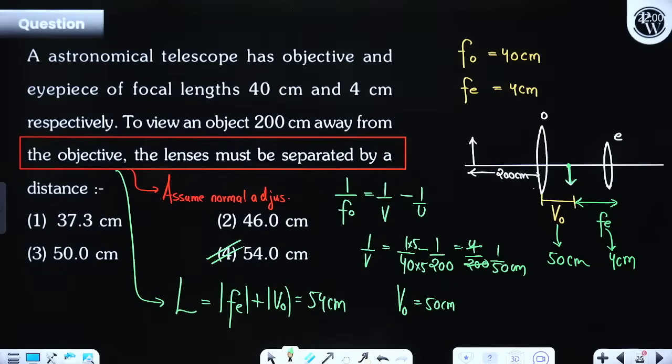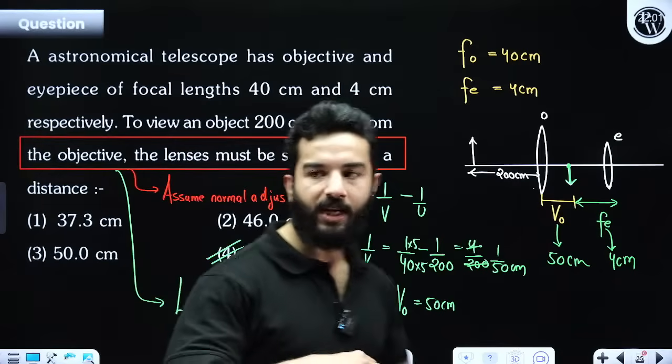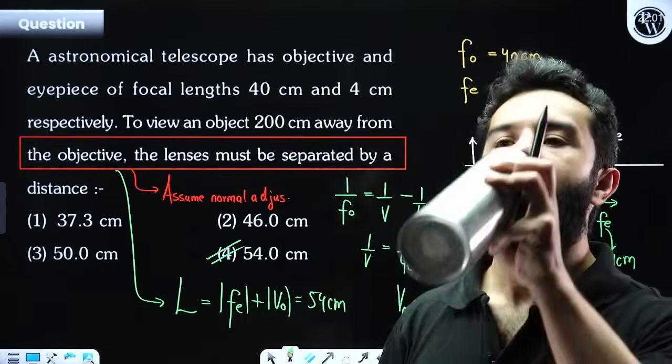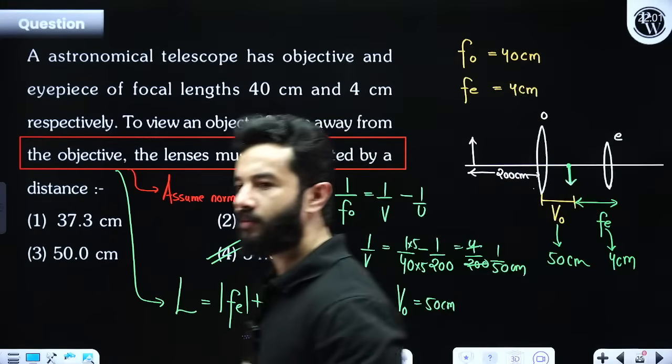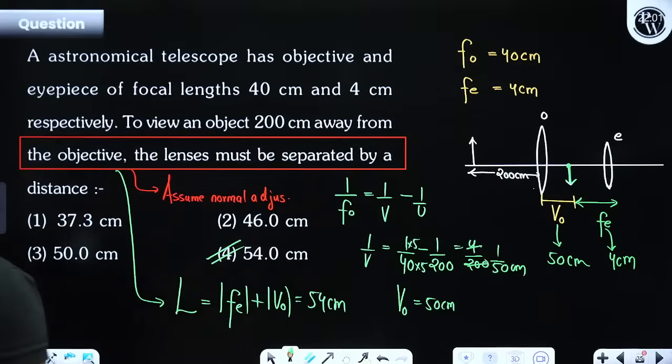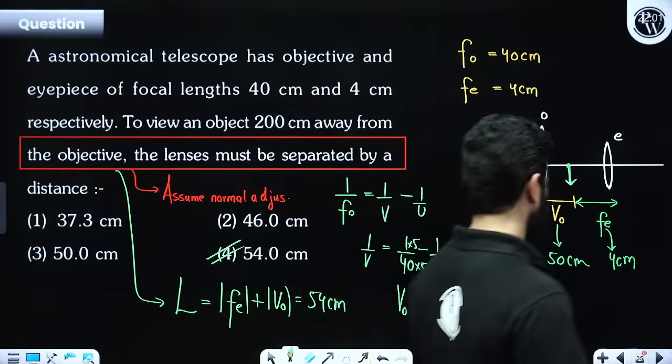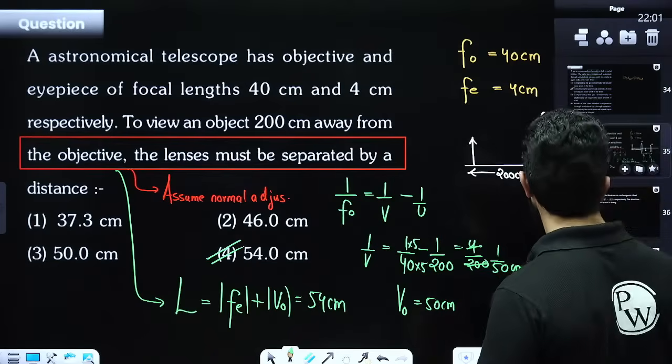If you have any doubt, do let me know, else I'll move on. 54 centimeter is absolutely correct, bhai. No doubt about it. Quickly let me know in the chat box. Done, doston. Any problem from here? Can I move on? Clear? Chalo.